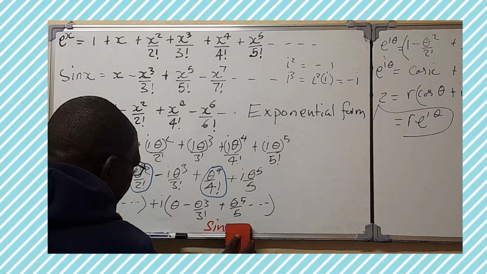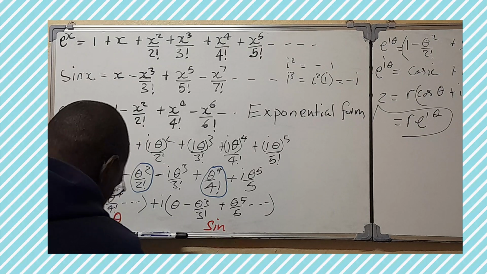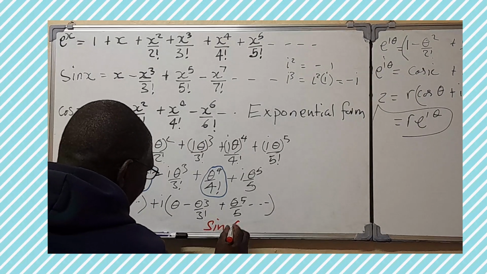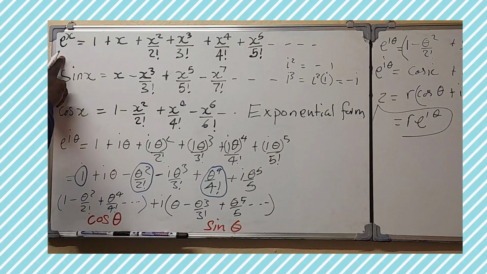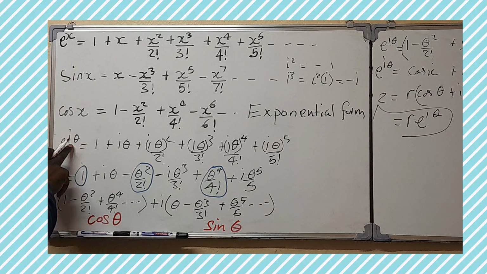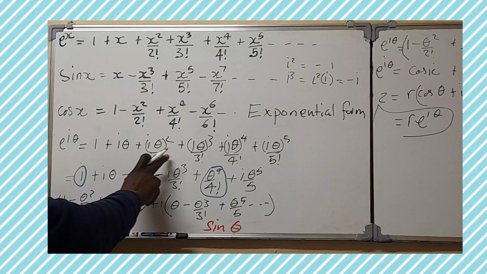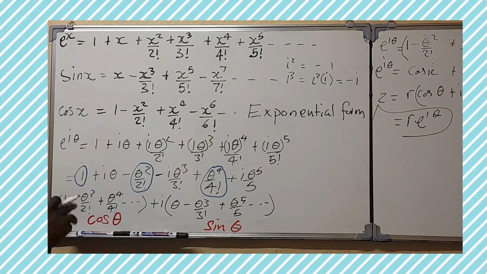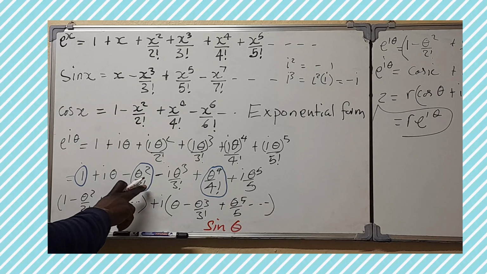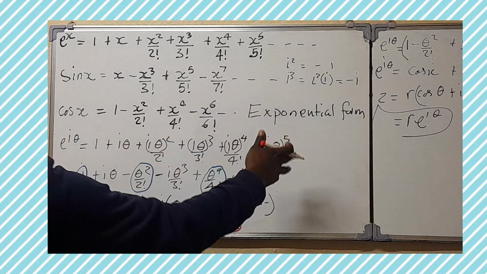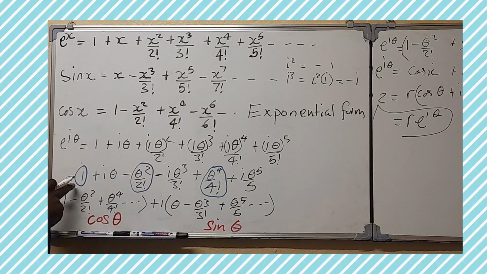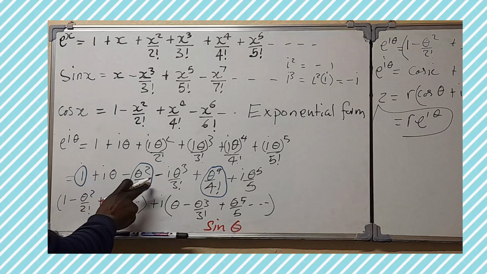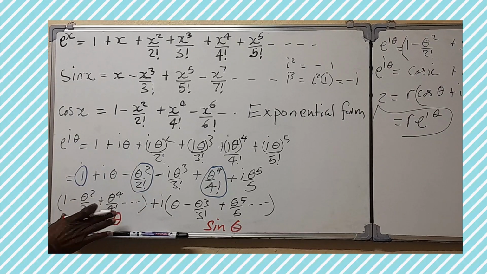Let me just repeat this slowly. What we did was, we had e to the power x. We replaced x by I theta, and we expanded it in the normal way, just as it is expanded there. Then we identified terms. After simplifying the powers of I, we found that certain terms do not have I with them, and we grouped them together, and here they are.